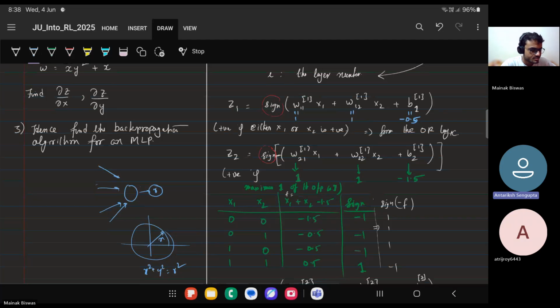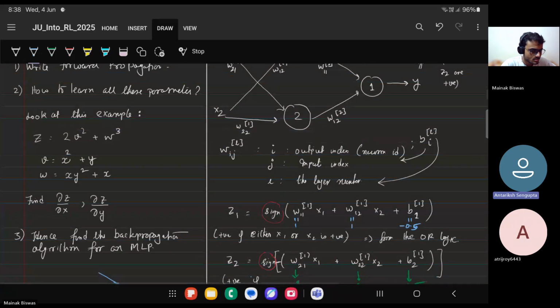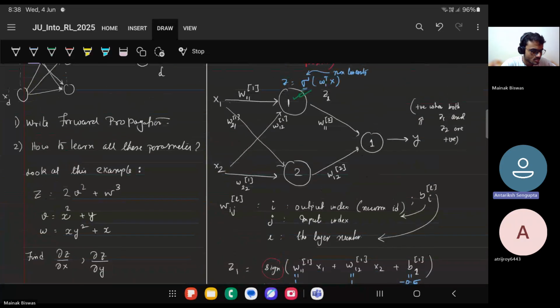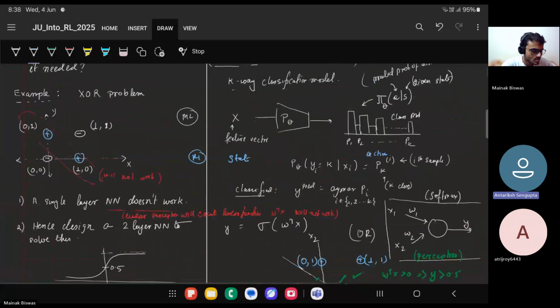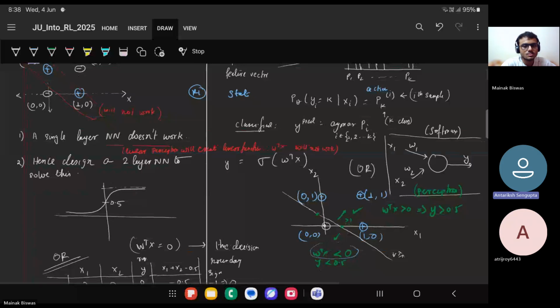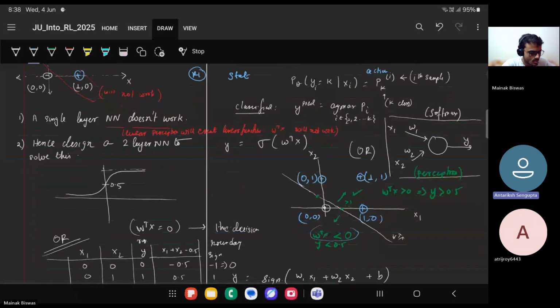But when we perform any kind of operation with those outputs, and then predict the output, like here the XOR problem, then we can create more complicated decision boundaries. But otherwise, it would only be a line.